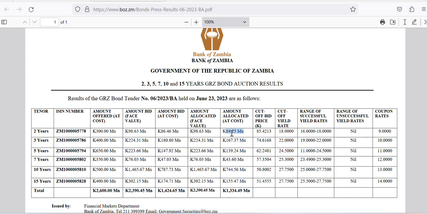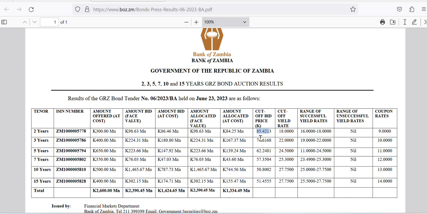So it's like you lend them 84 kwacha, and then after 2 years they give you 100 kwacha. This is what it means. So these prices are per 100 kwacha. So it's this column, the cut-off bid price.